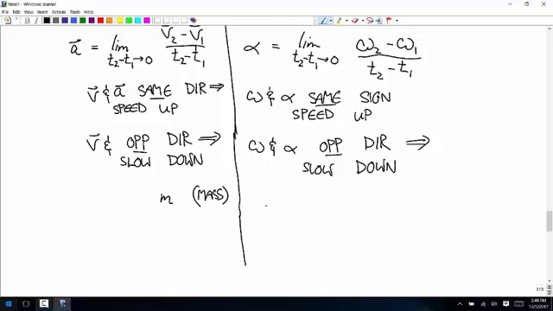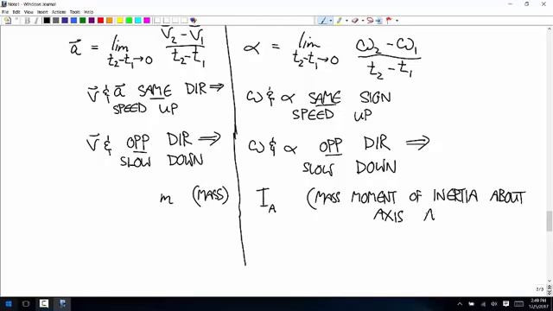For rotational kinetics, we have this capital I sub A, and that's called the mass moment, this has a long name, of inertia about axis A. We'll end up just calling it the moment of inertia for short.